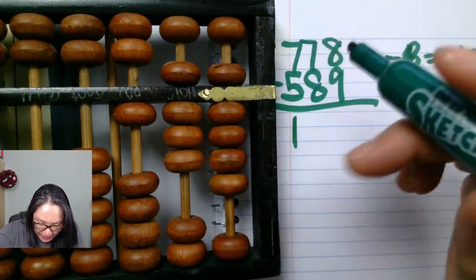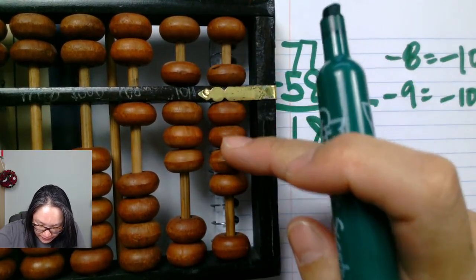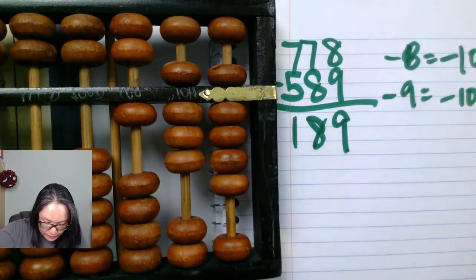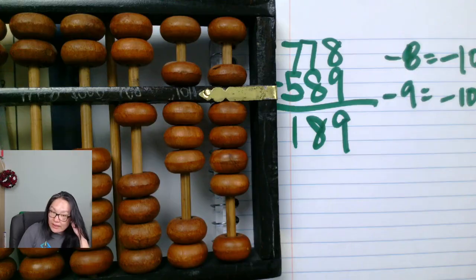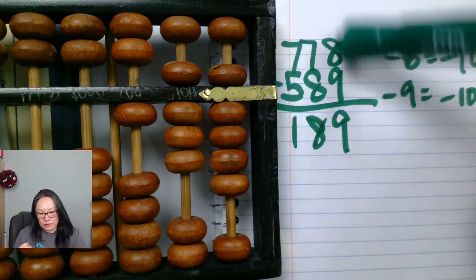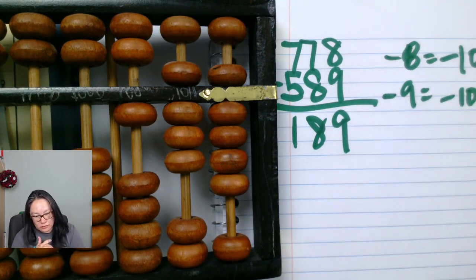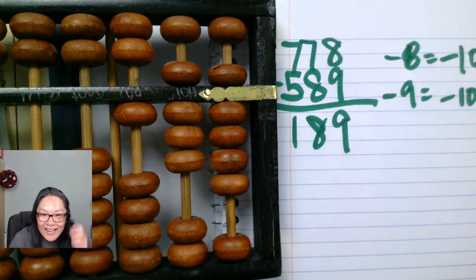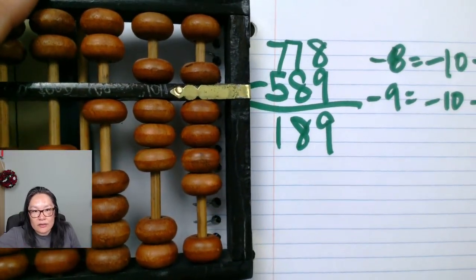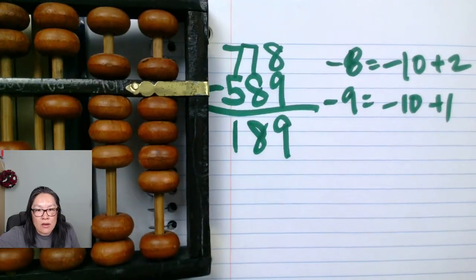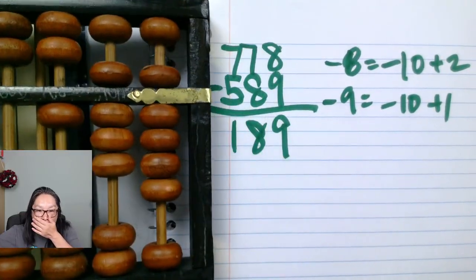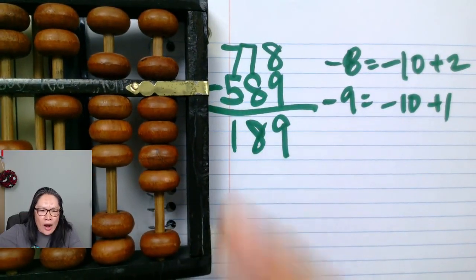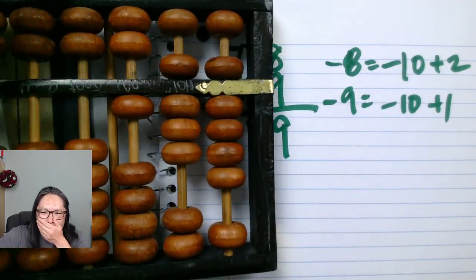5, 6, 7, 8, 9. Yeah, I think you still need the formulas.